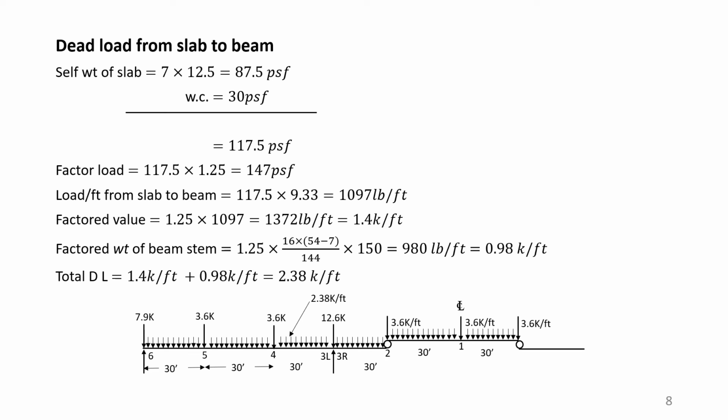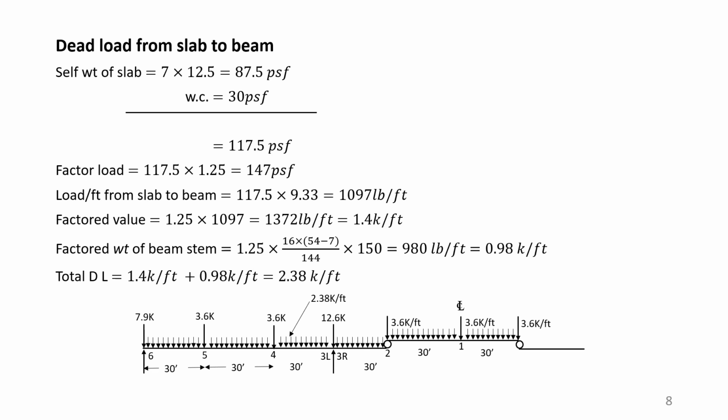Now the slab weight. Self weight of slab is 7 into 12.5, where 7 is the thickness and 12.5 is the weight per inch of thickness.